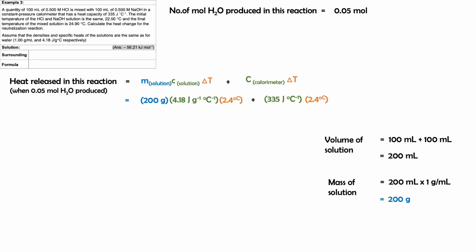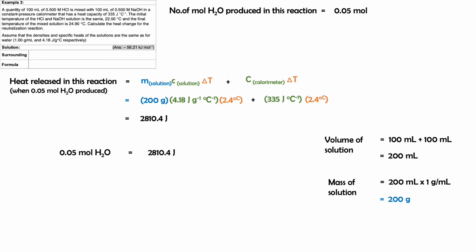So how much heat release are we going to get? We get 2410.4 joule. But remember, everyone, this heat release is for the production of 0.05 mole H2O.